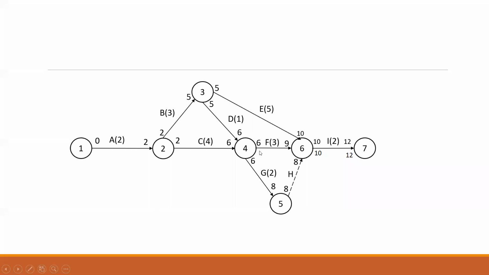So this is 8, this is 7. Which is the minimum one? 7. So I'll have 7 here. Clear? So please do the calculation for the backward pass and show me the answers.